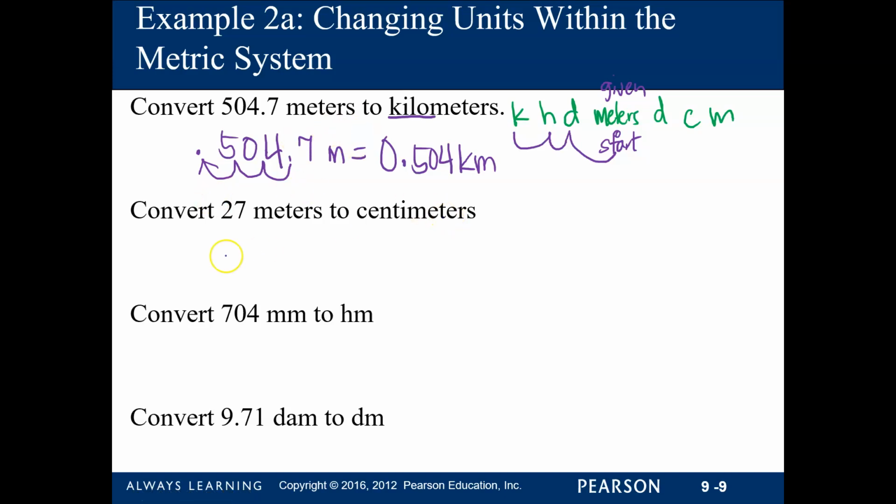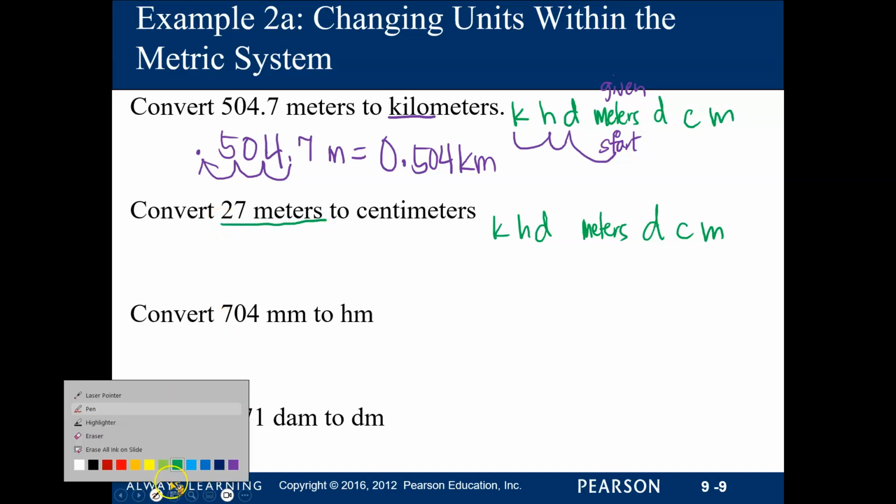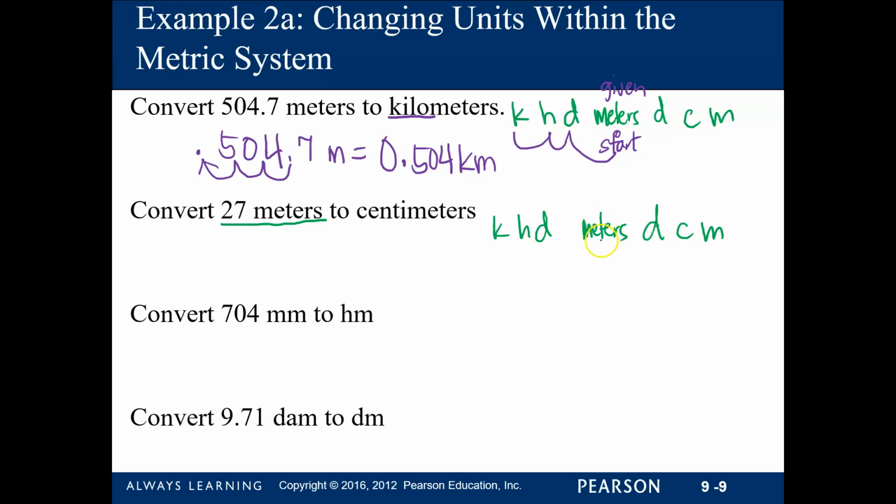All right? So let's have the next example. So again, let's have King Henry died. This is meters. Okay? Drinking chocolate milk. You are given 27 meters and you need to change to centimeters. So from meters, you need to go to centi. So that's going to the right. 1, 2.